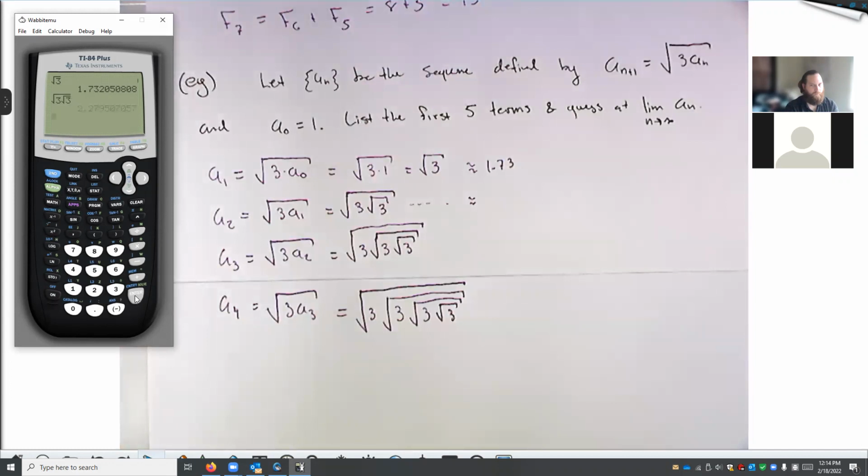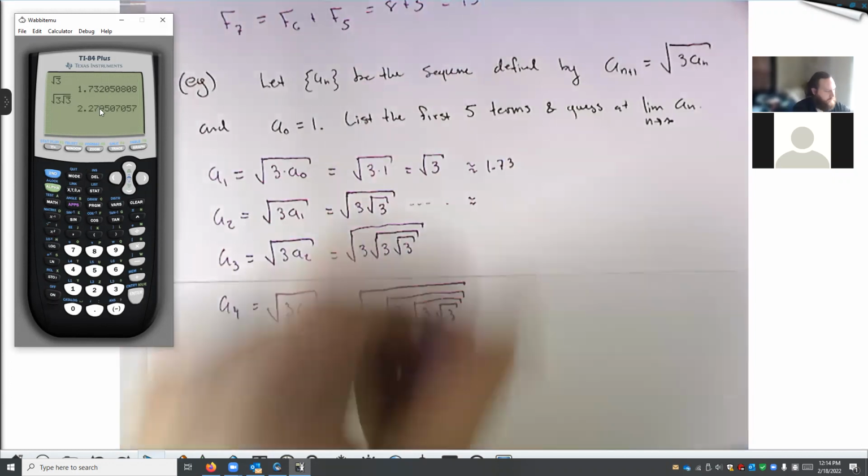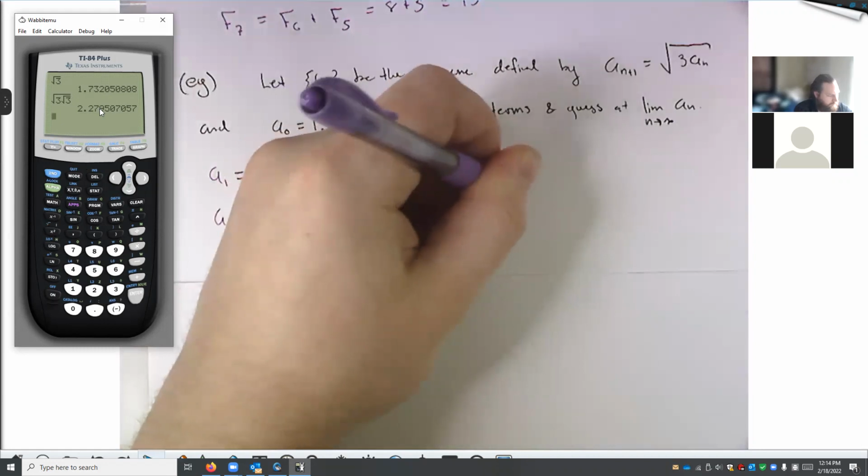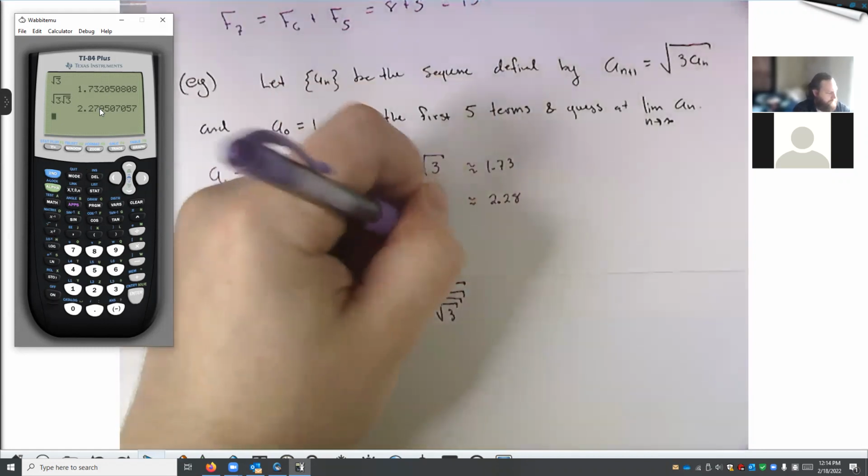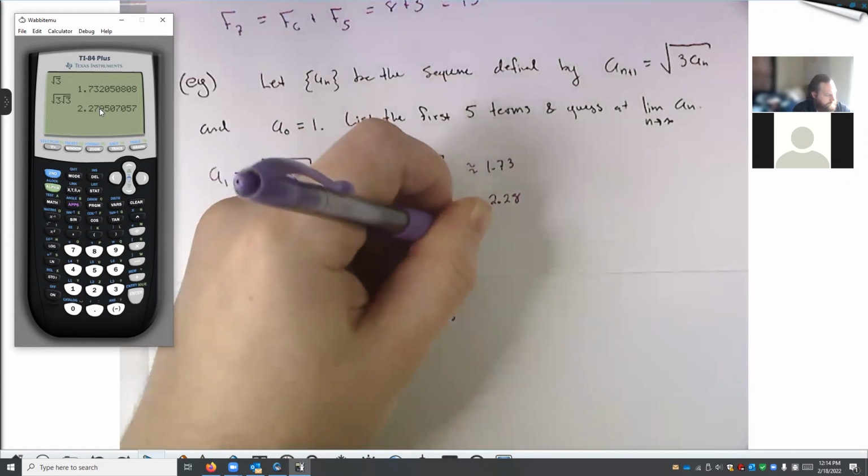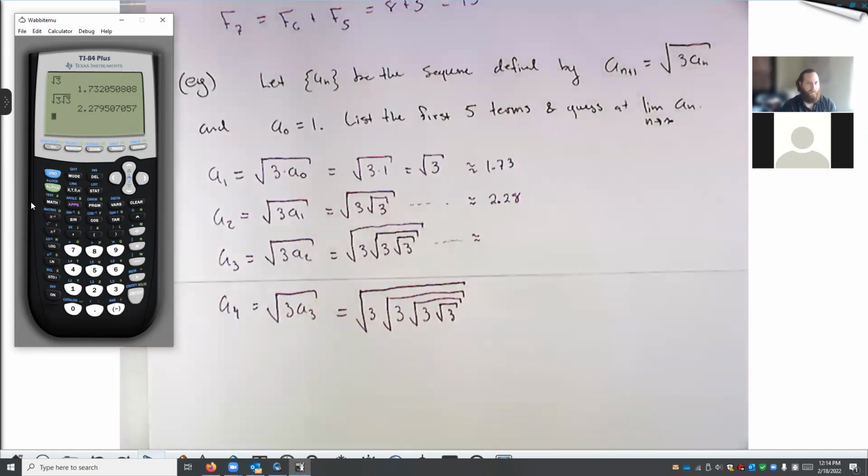That's a2. That's 2.28-ish. And if I take the square root of 3 times the square root of 3 times the square root of 3, that's a3. 2.62-ish.